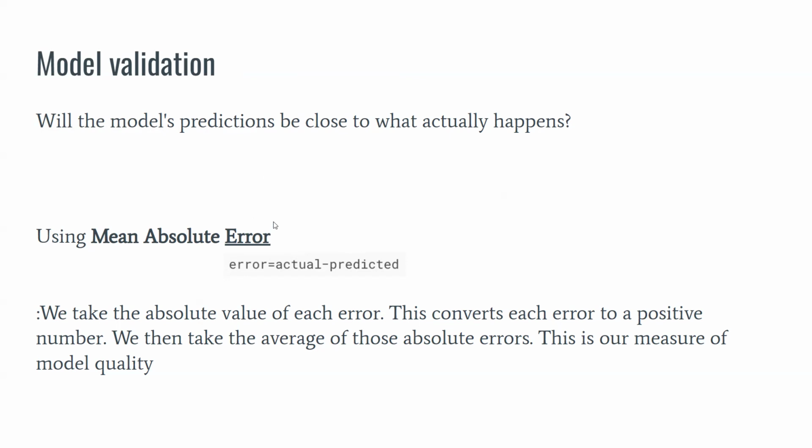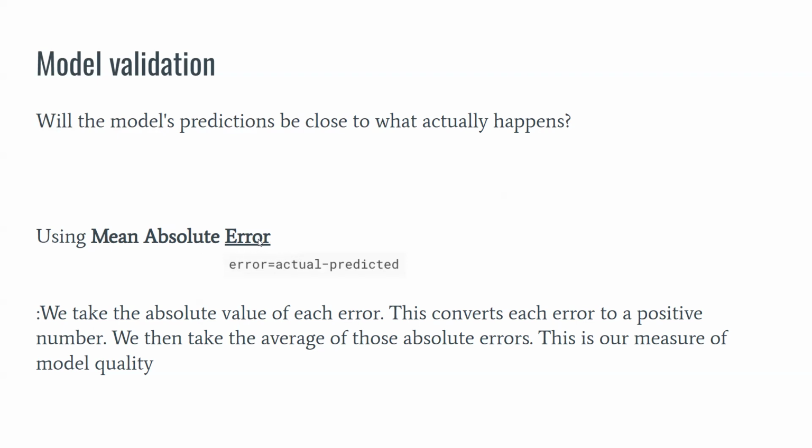We'll need to summarize this into a single metric. There are many metrics for summarizing model quality, but we'll start with one called mean absolute error. Let's break down this metric starting with the last word, error.